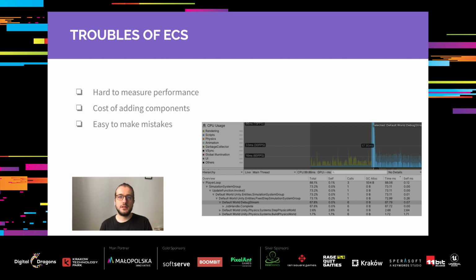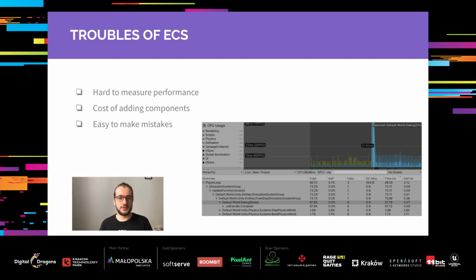As you can see in the screenshot of a profiler, there is this debug system that has a higher computation cost. And when we first saw it, we were surprised. What is this system? Maybe we should disable it. It's just so very expensive.